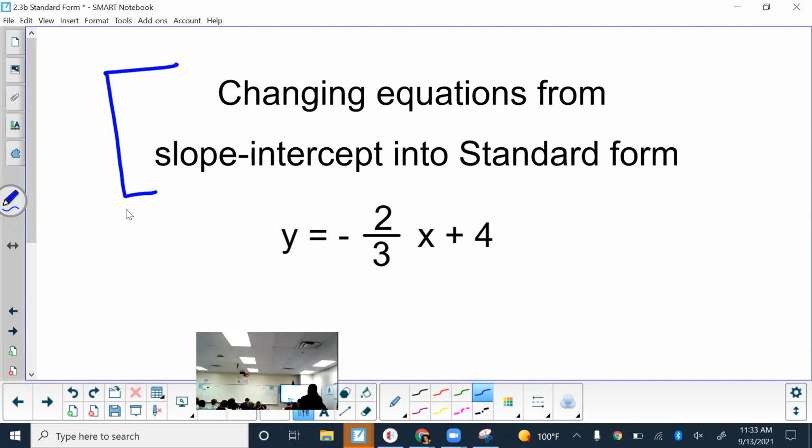Over here is just the teacher example. The instructions are that you'll be changing equations from slope-intercept form into standard form. And then we have the teacher example, which is y equals -2/3 x plus 4.